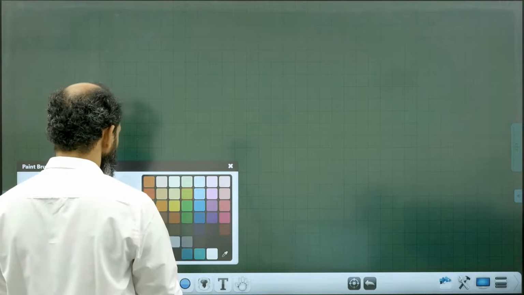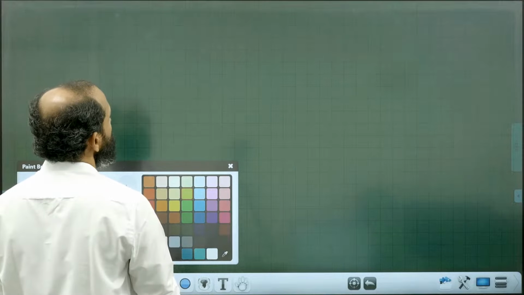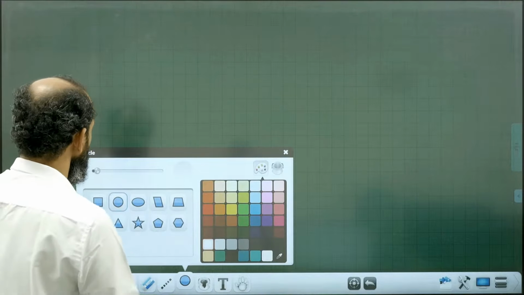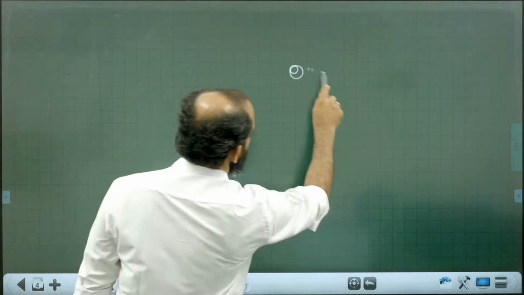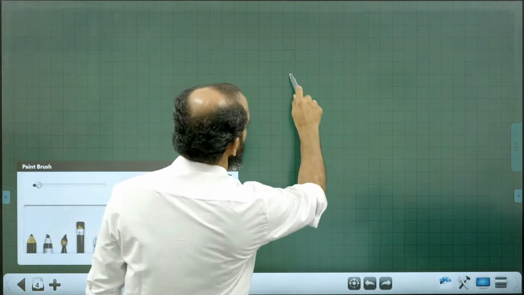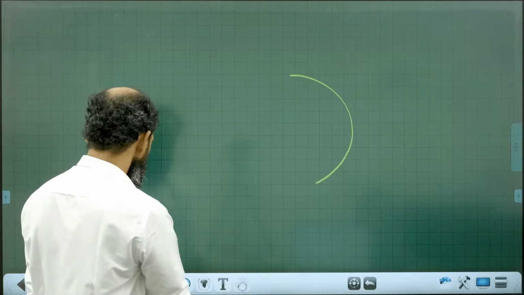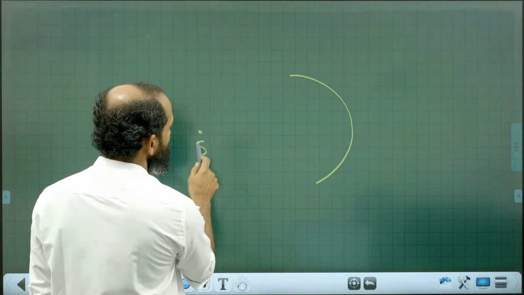Suppose Earth is revolving around the sun. And this is that arc defined by Earth while revolving. The sun is here.